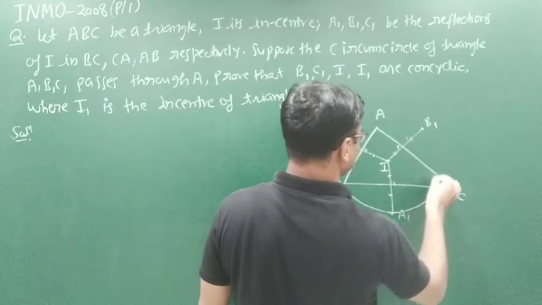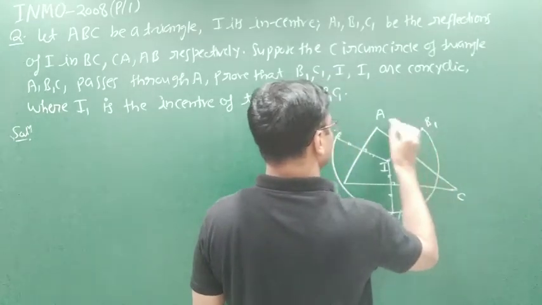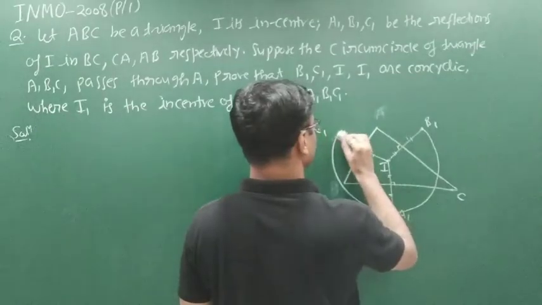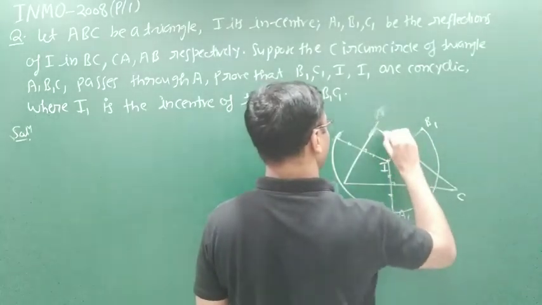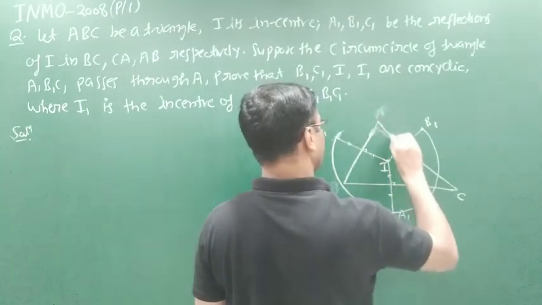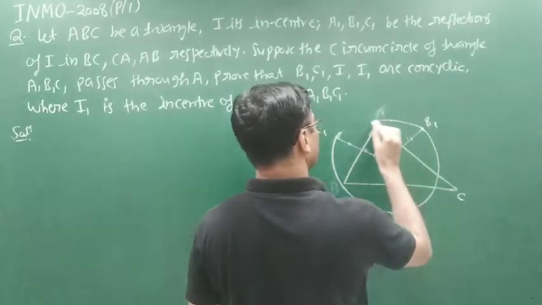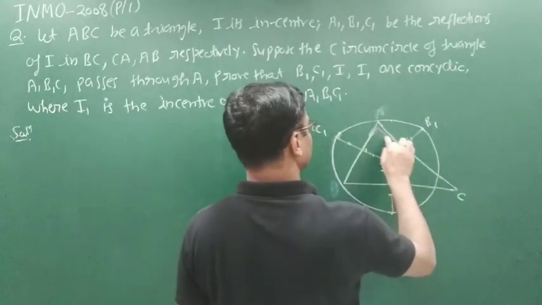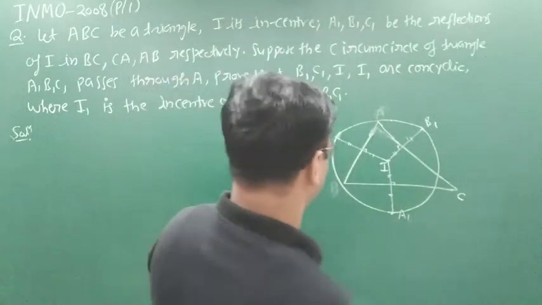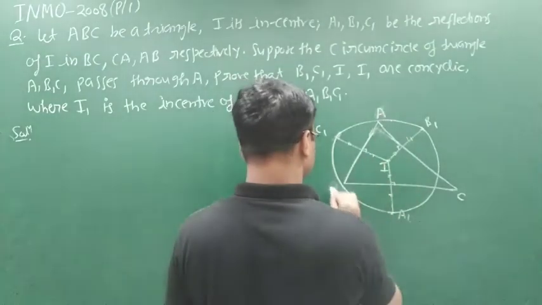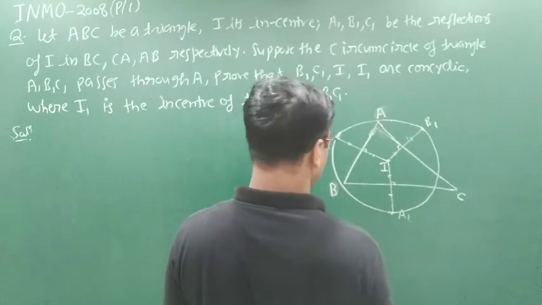It is a little bit difficult, so I am trying to draw a possible circle, something like that. This point is A, no problem. This is B.